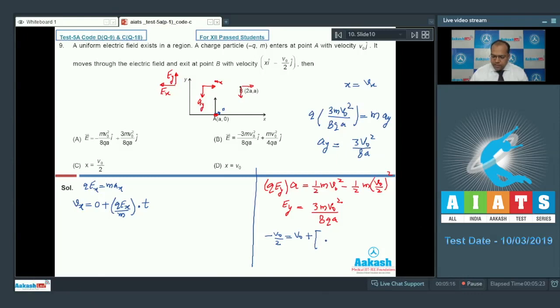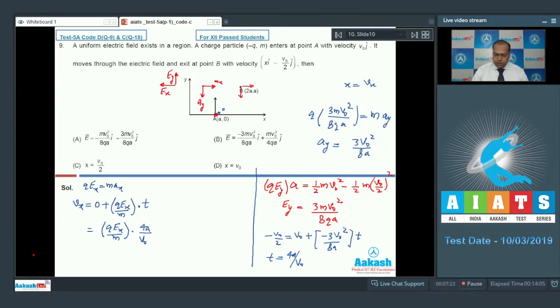If I write with sign, this can be written as minus 3 v naught square by 8a into t. On further solving, the value of t comes out to be 4a divided by v naught. If I substitute the value of t here, it comes out to be q into Ex by m into t, that is 4a divided by v naught.